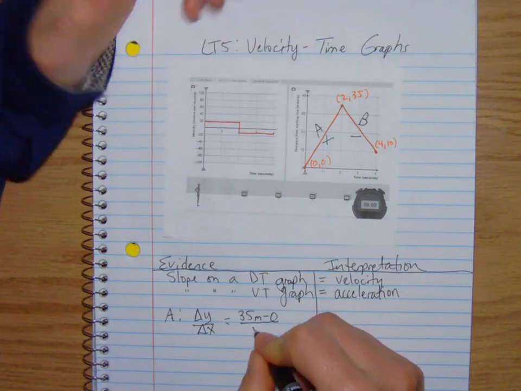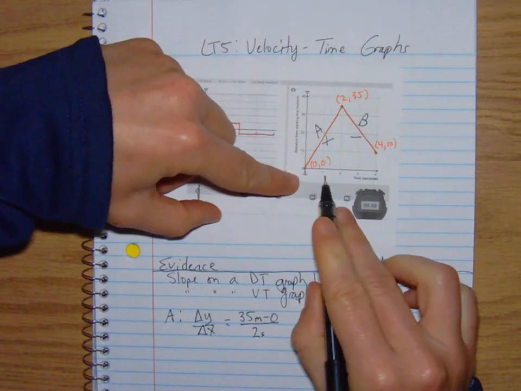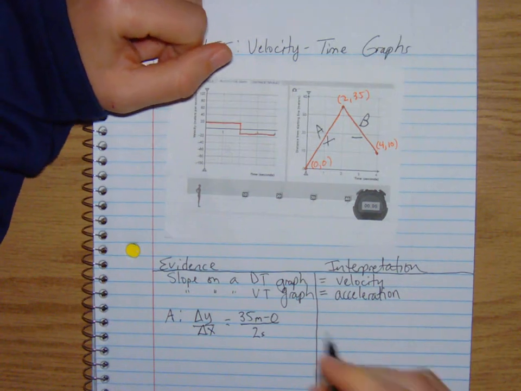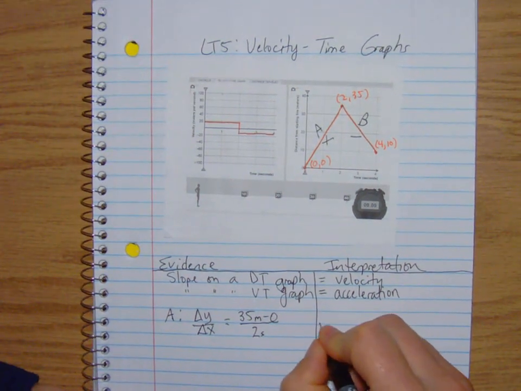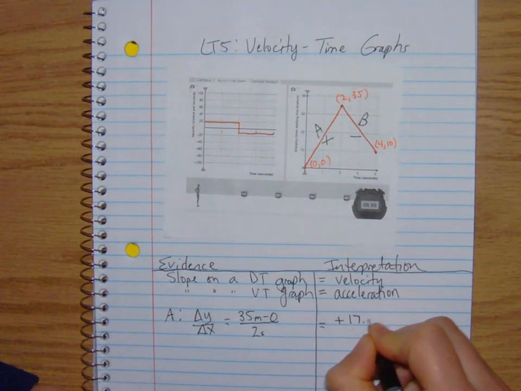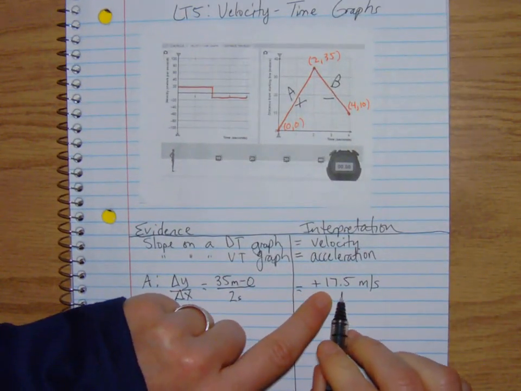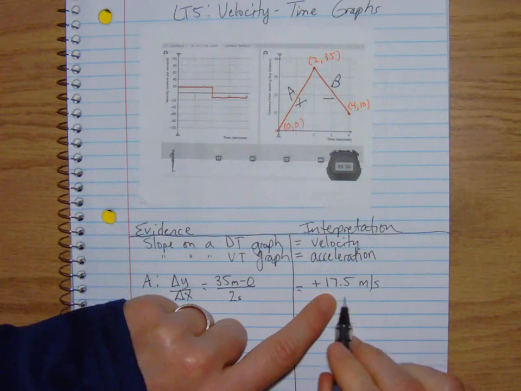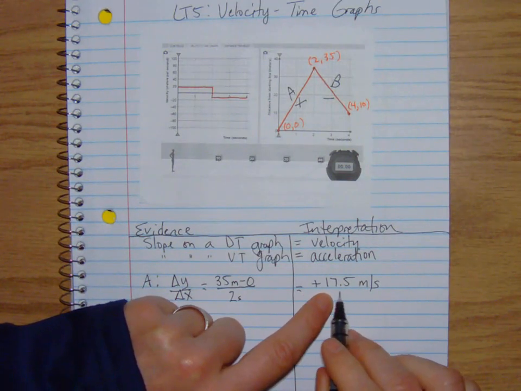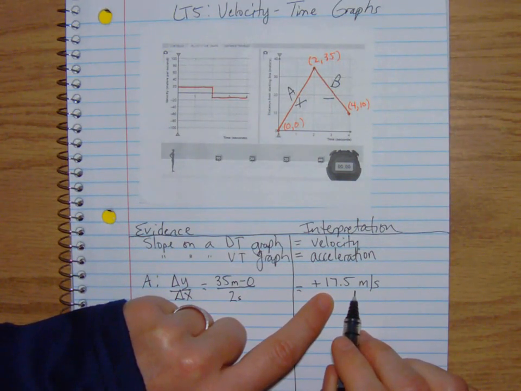And we've taken 2 seconds. That's a 2-second interval from 0 to 2. So that gives us a slope of a positive 17.5 meters per second. The positive tells us the runner is moving to the right, and the speed combined with the direction is our velocity, 17.5 meters per second.